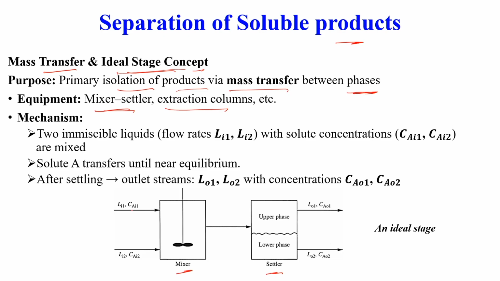In the mixer you have two immiscible liquids Li1 and Li2 with solute concentrations CaI1 and CaI2, they are mixed and then allowed to settle, and once they settle the outlet streams are LO1 and LO2 with concentrations CaO1 and CaO2. The solute A transfers until it reaches equilibrium between the two immiscible liquids.